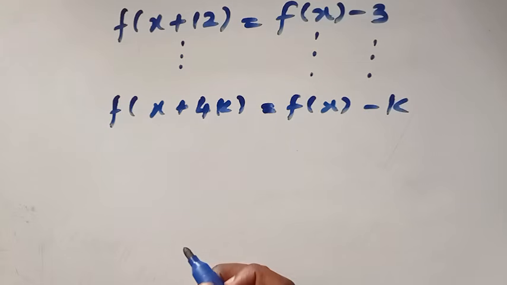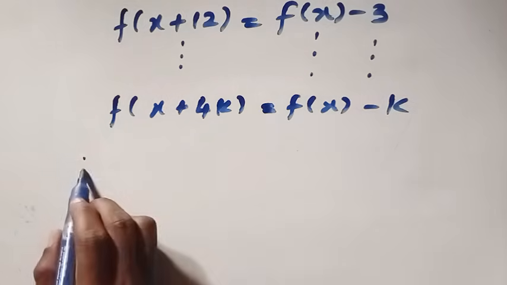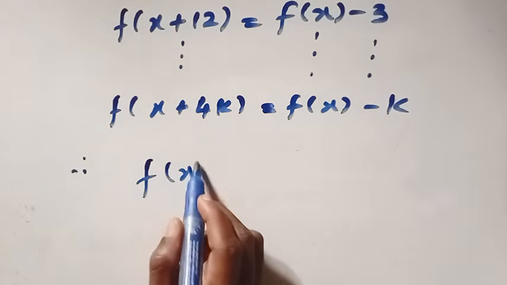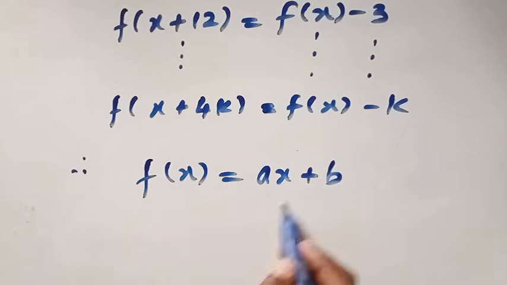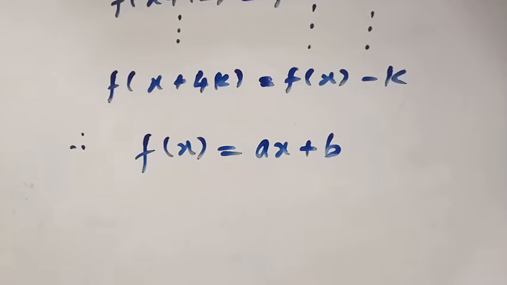But looking at these relations, we can see that the behavior of it is linear. Then we can guess a structure for this. Consider it as step 3. By guessing f of x to be equal to, let's say, ax plus b as a linear function. Then from the first one, we have f of x plus 5 equals f of x plus 9 plus 1.